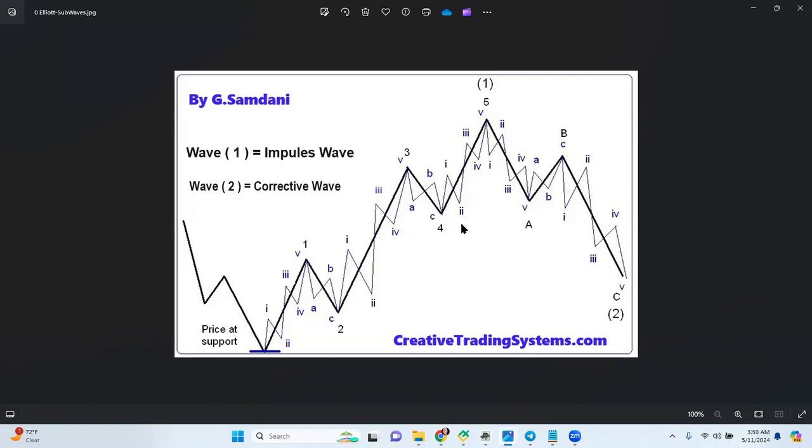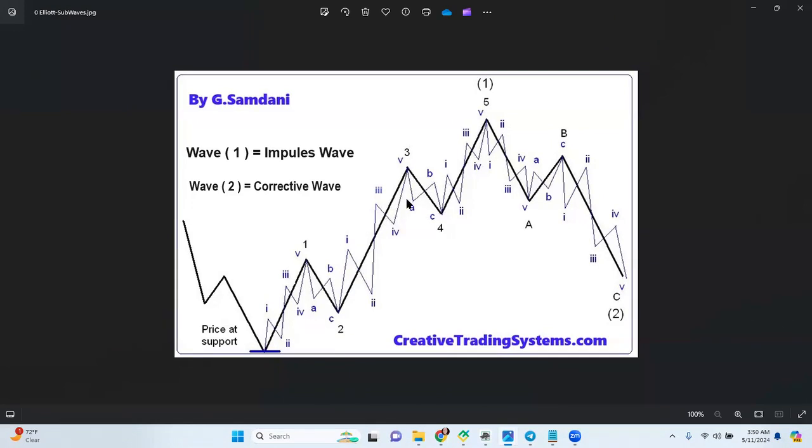As long as the rule is that wave 4 must stay above the high of wave 1. Do not come into the territory of wave 1, right? So as long as it is above even 50% or 61% of this wave 3, it will still be counted as wave 4, right?